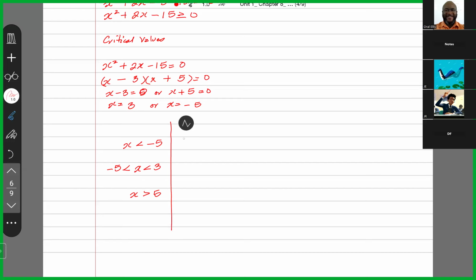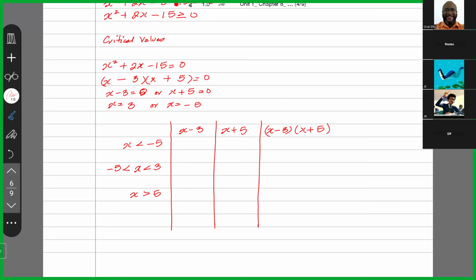We have x minus 3, we have x plus 5, and we have f of x, which is x squared plus 2x minus 15, the same as saying x minus 3 multiplied by x plus 5.